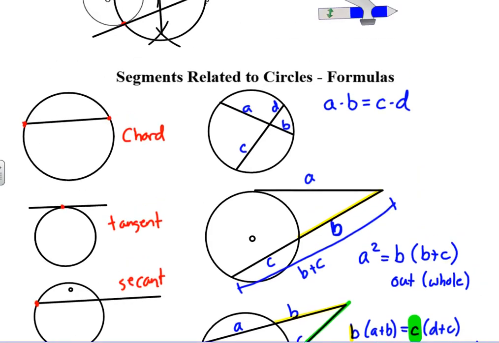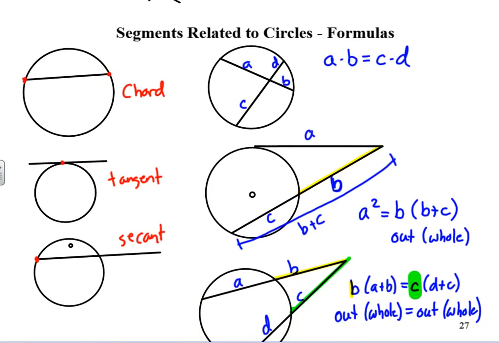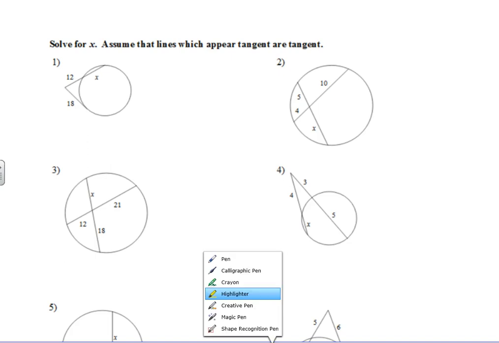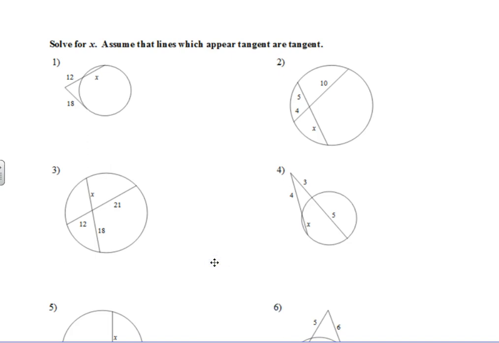Okay, so those three right here are the key ones that we're going to spend a lot of time working on here initially. Okay, so let's look at what we have. In this case here, we have a tangent and then we have a secant.